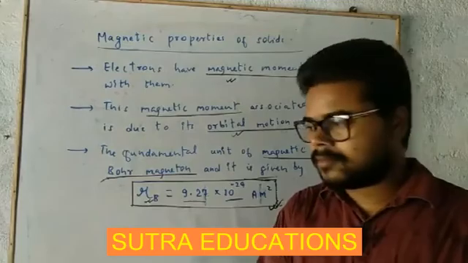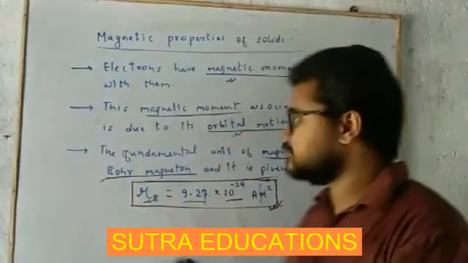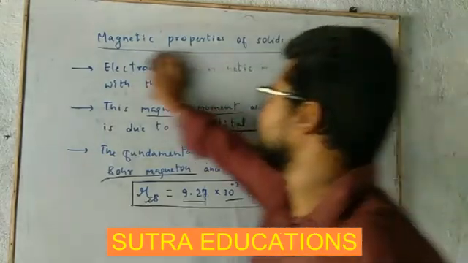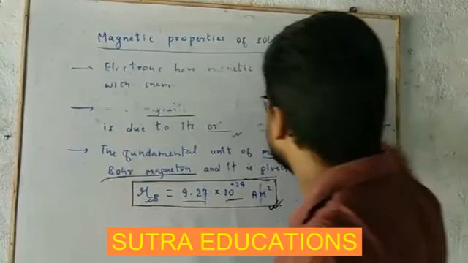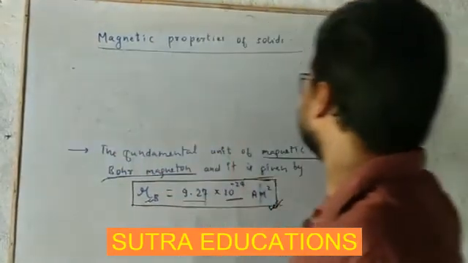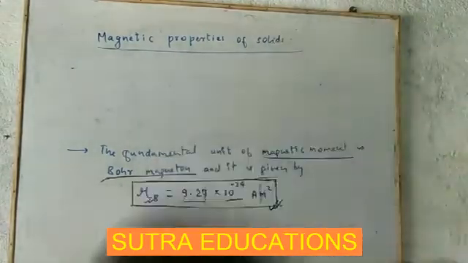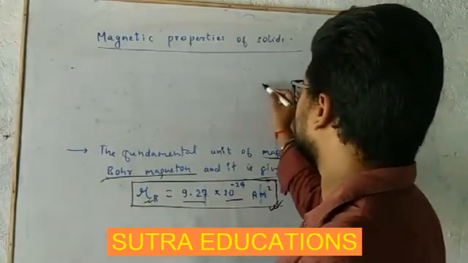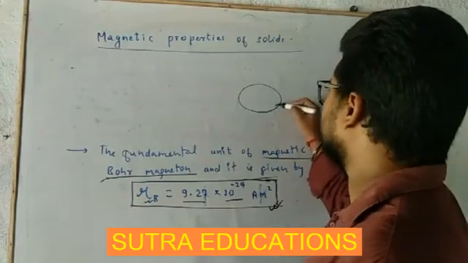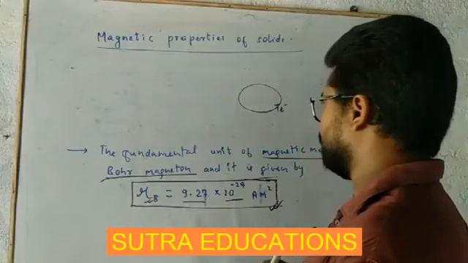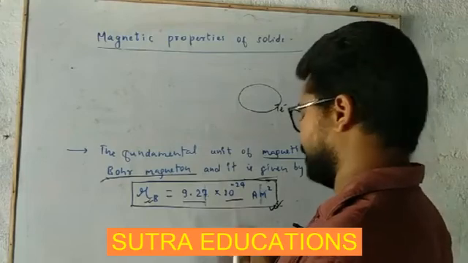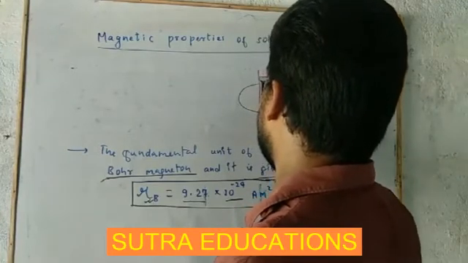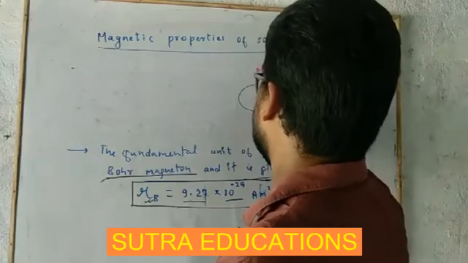Now, say electrons are revolving, and this is the magnetic moment.